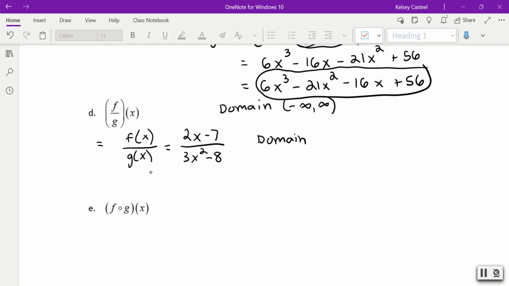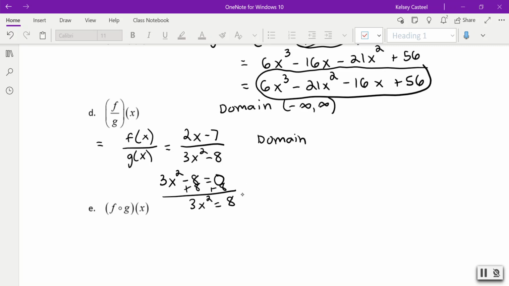So we need to know, when would 3x squared minus 8 be equal to 0? Any of those solutions are going to be values that we cannot include in our domain. To figure out these values, I'm going to solve for x. I'm going to add 8 to the other side. So I would have 3x squared is equal to positive 8.